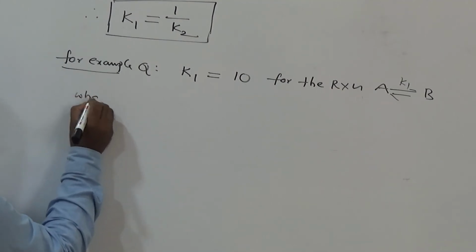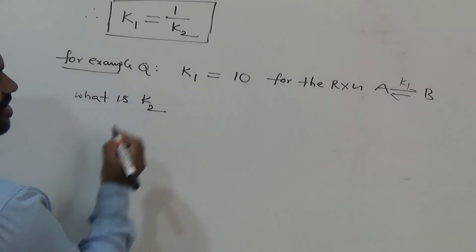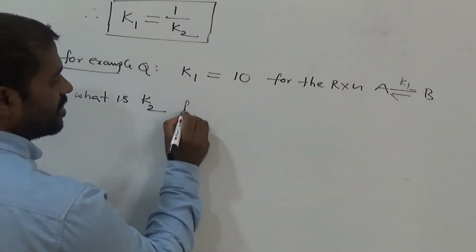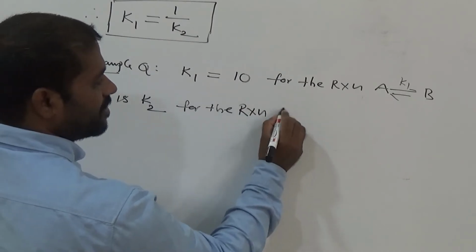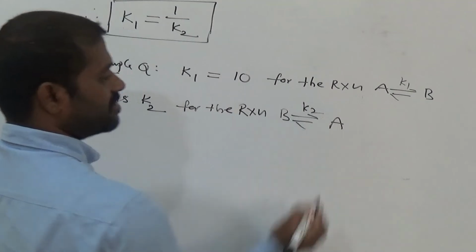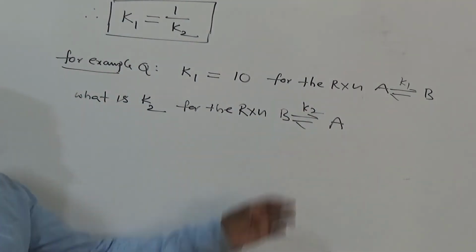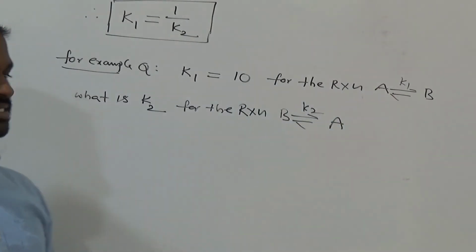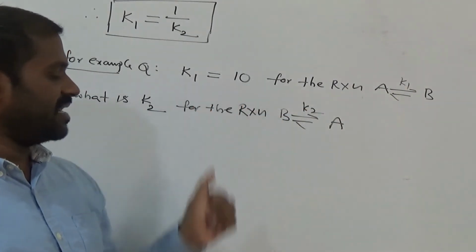Now, what is equilibrium constant K2 for the reaction B reversible A? That is K2, the reverse reaction, and the forward reaction has K1 value 10.